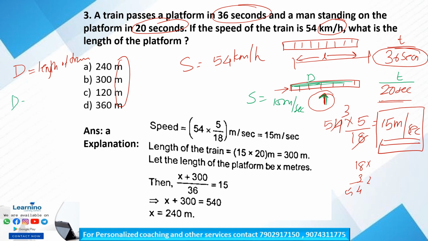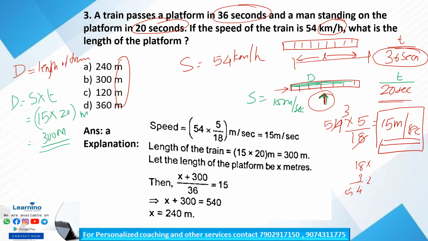So distance is equal to speed into time, that is 15 into 20 meter. So it is equal to 300 meter. So we obtain the length of the train. Our question is what is the length of the platform?